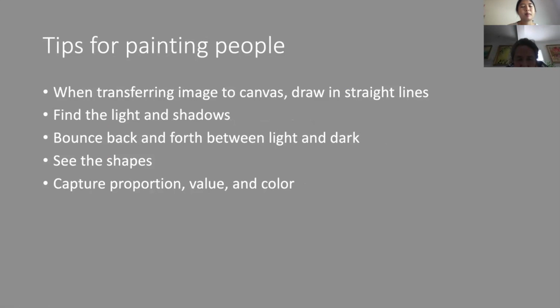More tips for painting people. When transferring the image to the canvas, draw in straight lines. Find the light and shadows. And when painting, you can go back and forth between light and dark.